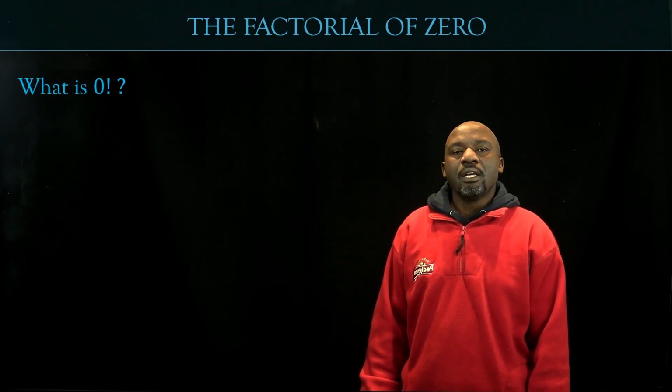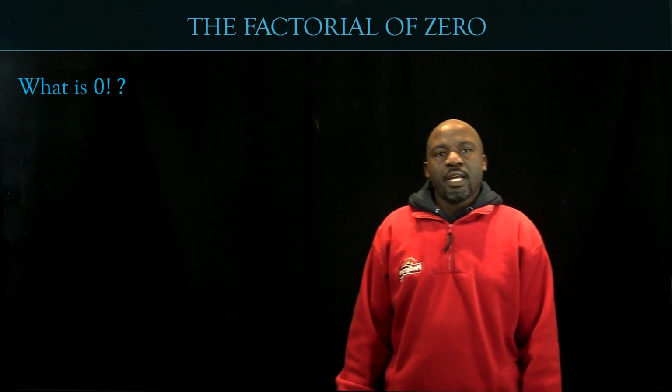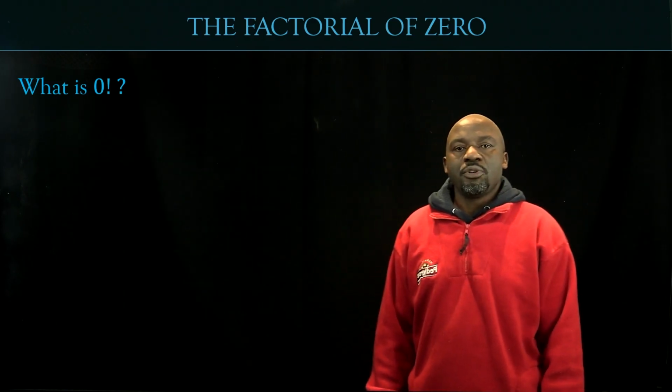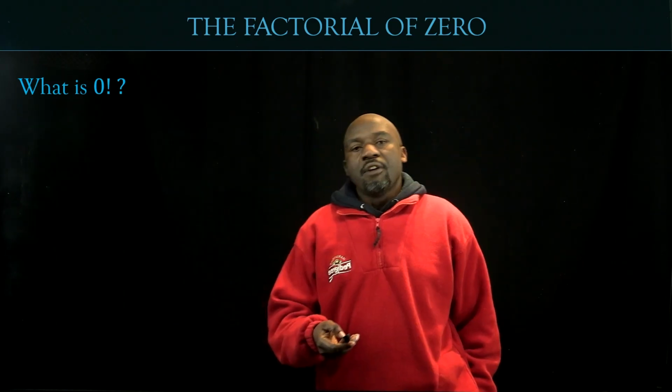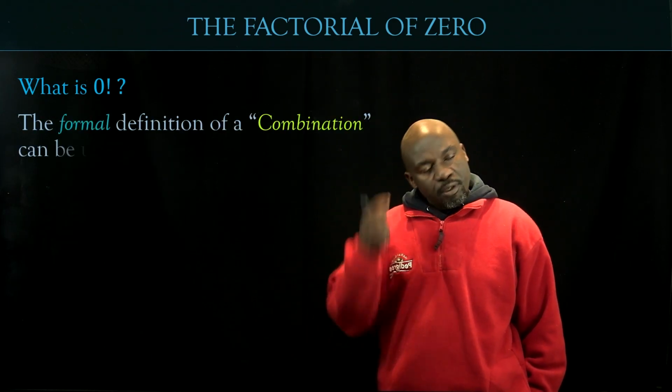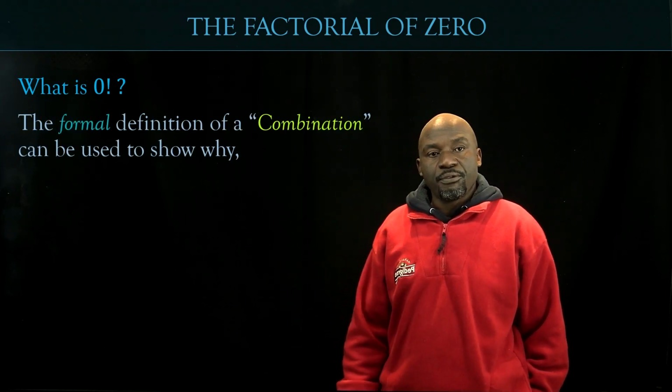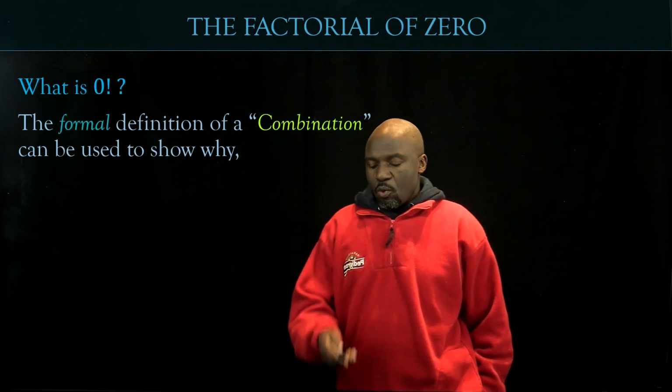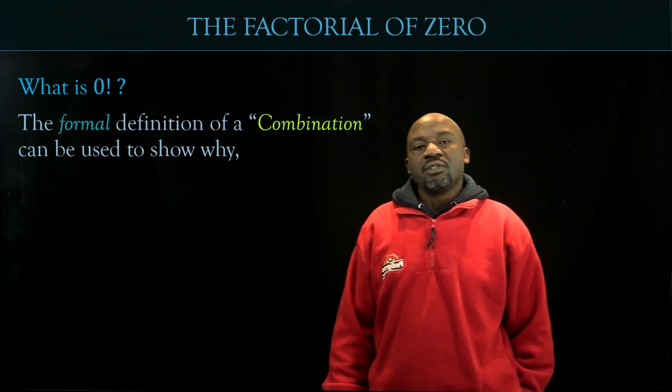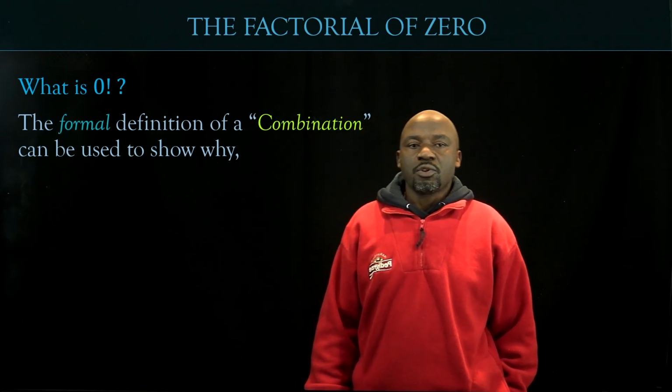Okay, let's see another one. Before we move on to the proper algebra, we need to introduce the 0 factorial. Now, from the mathematics of combination, from that formal definition of what we mean by combination, we will be able to show why 0 factorial is equal to 1.